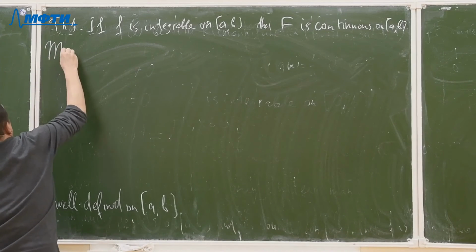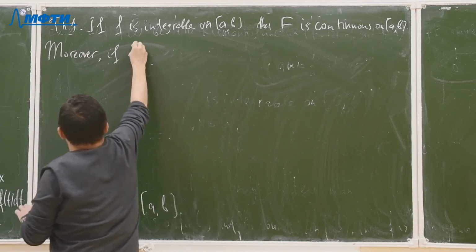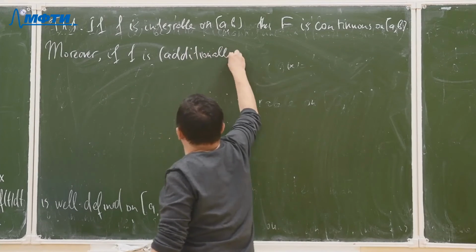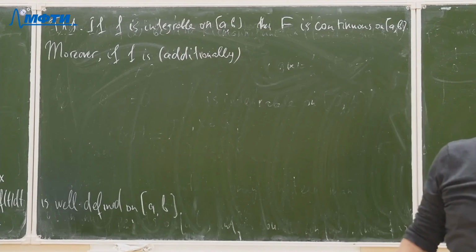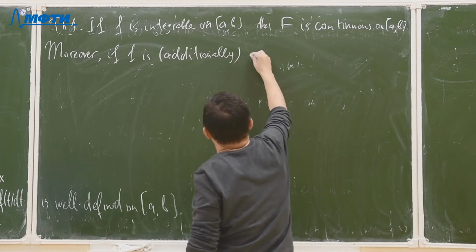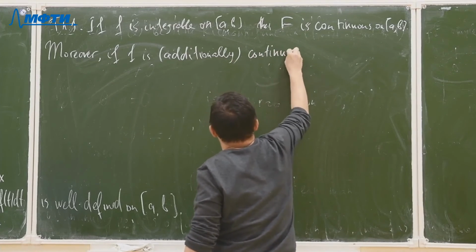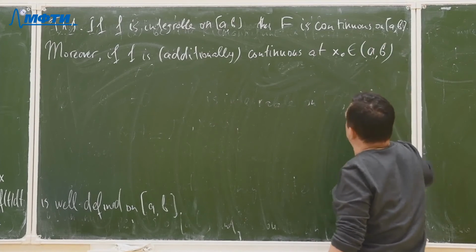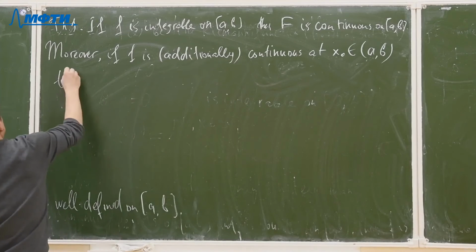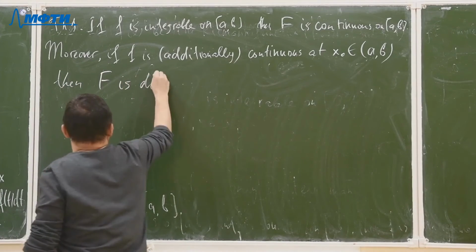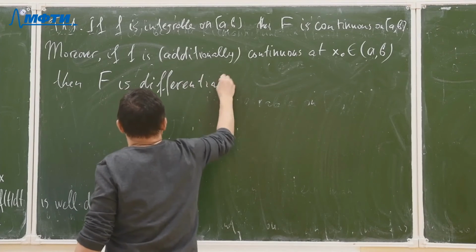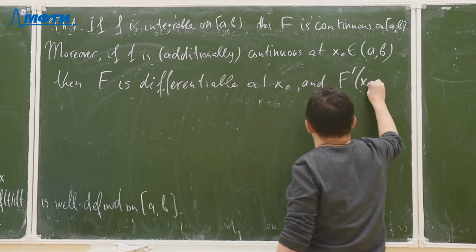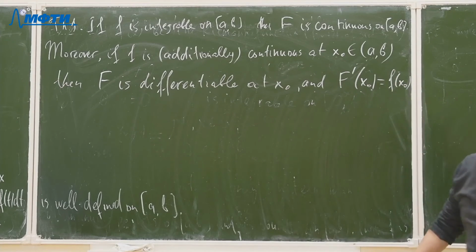Moreover, if f is additionally, let me recall, still we have the same supposition, f is integrable over the whole interval [a,b], additionally continuous at x naught, let it be in the interval [a,b], then capital F is differentiable at x naught, and capital F prime of x naught equals little f at x naught.